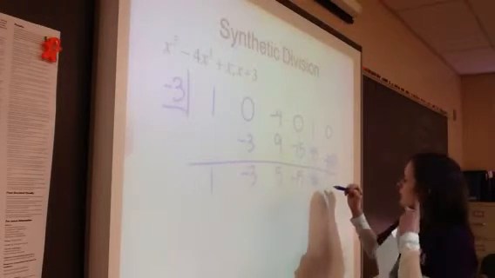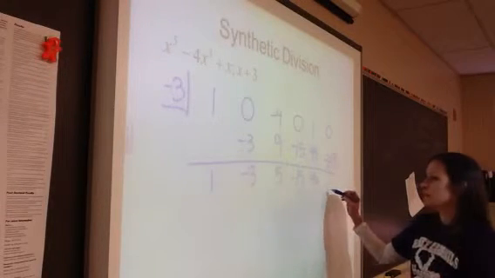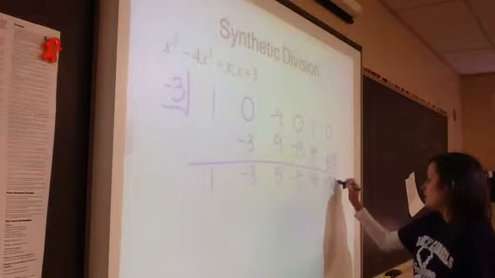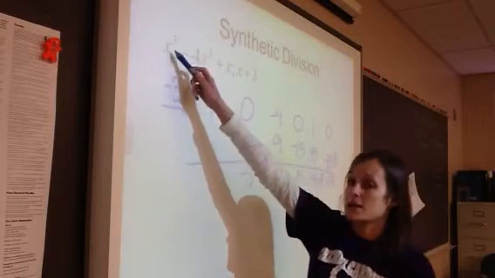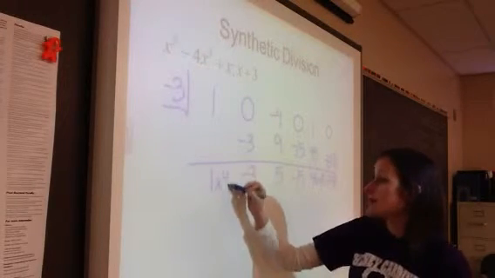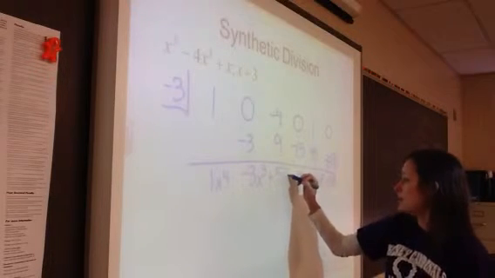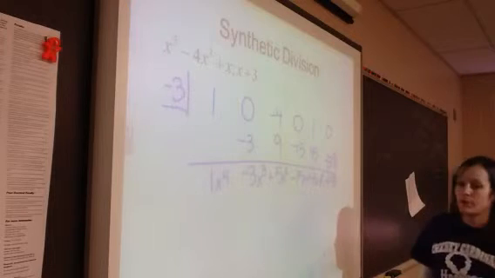I believe it's negative 138. 3. Okay. So add, and there's your remainder. So what we're going to do, it's not x to the 5th anymore, it's x to the 4th. X cubed, x squared, x, and a constant. We have a remainder.